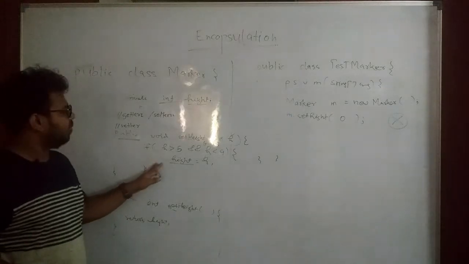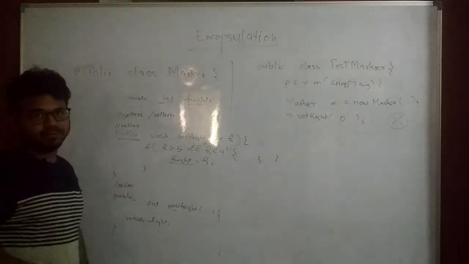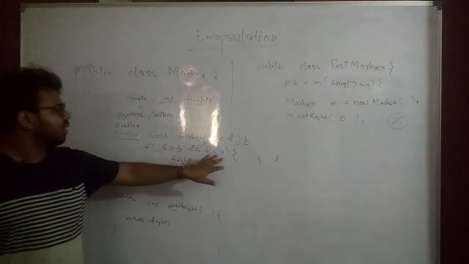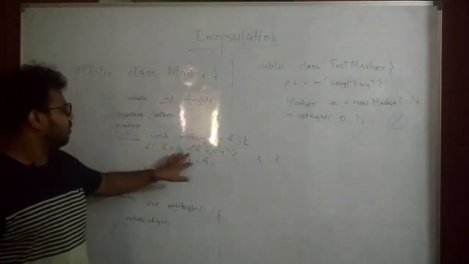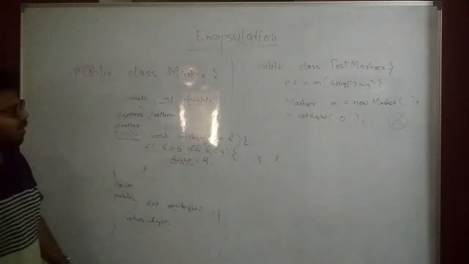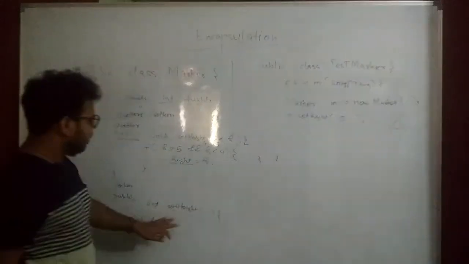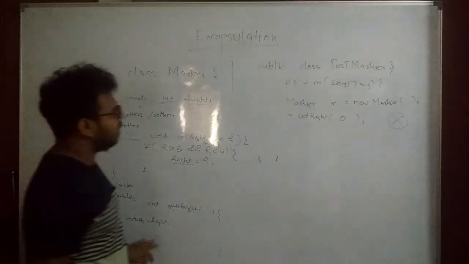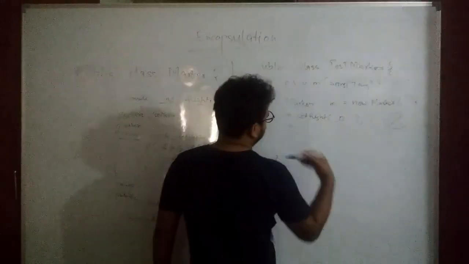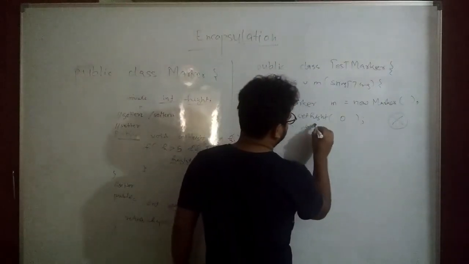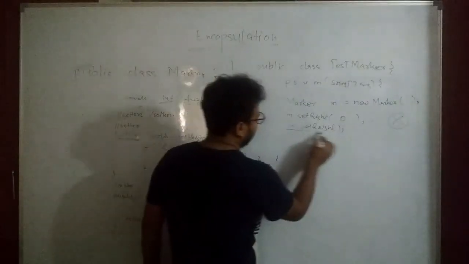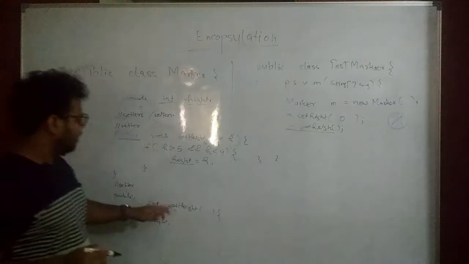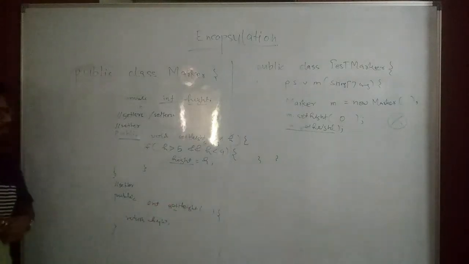So the height of the marker will not be 0. Now we have restricted the height of our marker object to between 5 and 9. And to get the height, we will simply write m.getHeight, and we will get the value of the height.